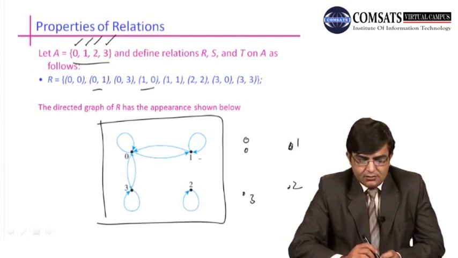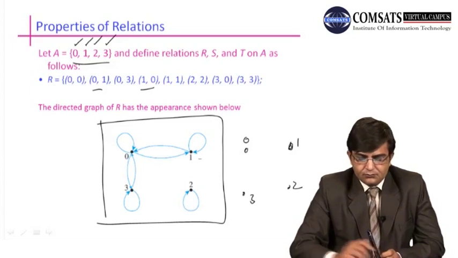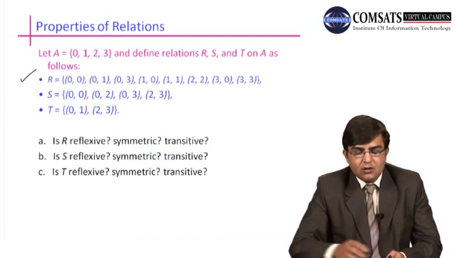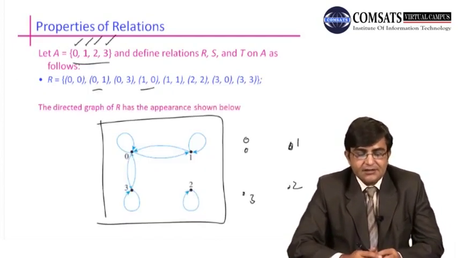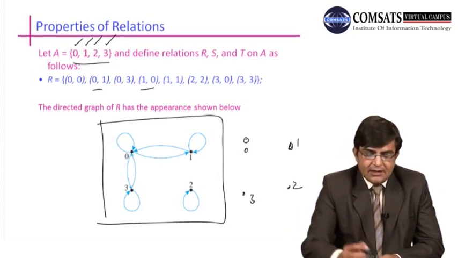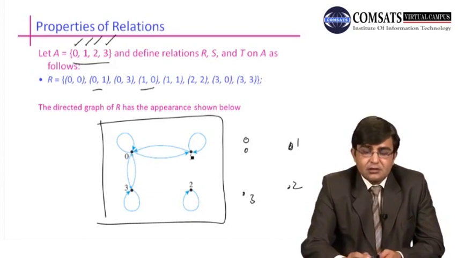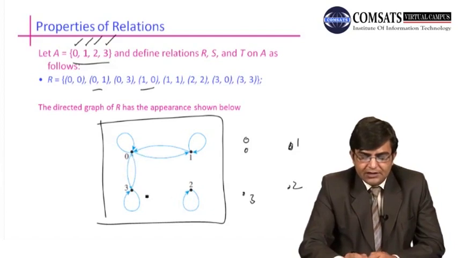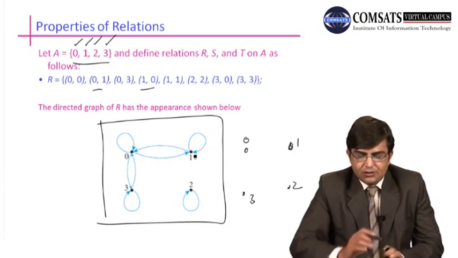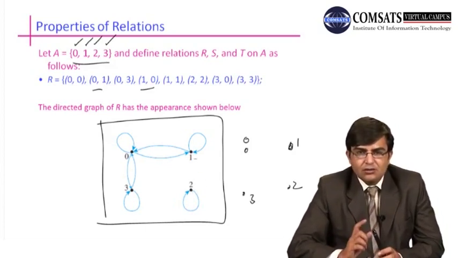Now to check the symmetric property of the relation using directed graphs: if 0 is related to 1, 1 is related to 0; 0 is related to 3, 3 is related to 0. Here 3 is not related to 2, so we don't need to check whether 2 is related to 3. Similarly, 1 is not related to 2 and 2 is not related to 1. We don't care about those; we have to check only the existing pairs.